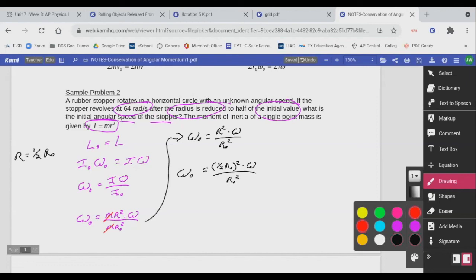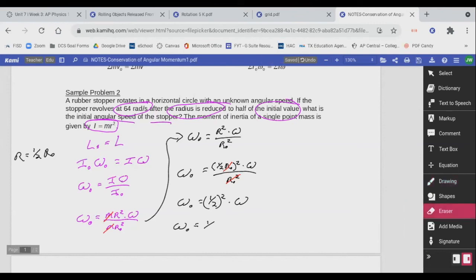I'm buying that because this r naught squared takes out that r naught squared. And then omega naught is equal to 1/2 squared times omega. Omega naught is equal to 1/4, not 1/2, hang on. 1/4 times what they say omega was, 64? So what's 1/4 of 64? 16? 16 radians per second.